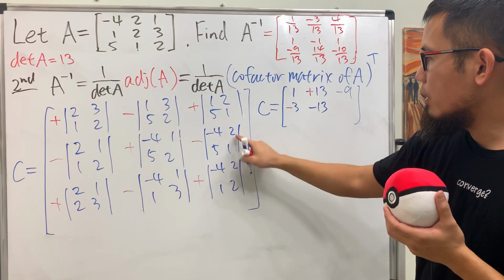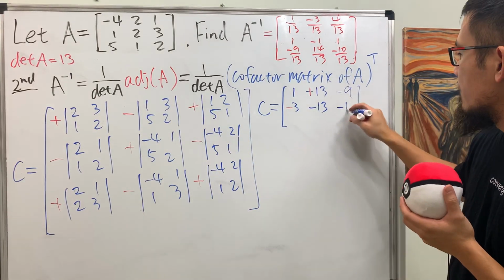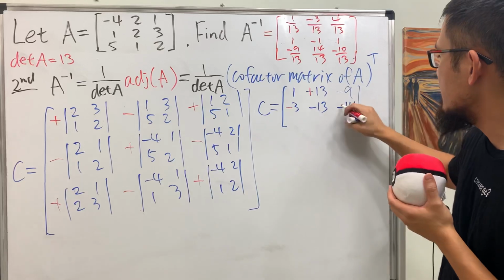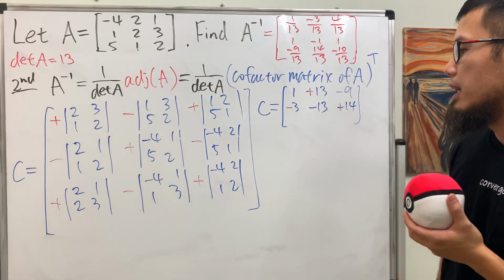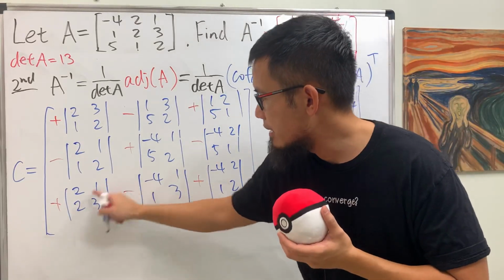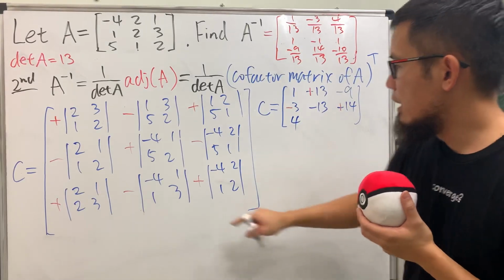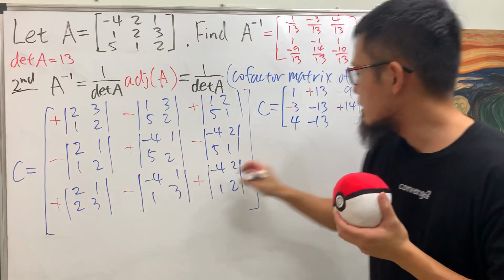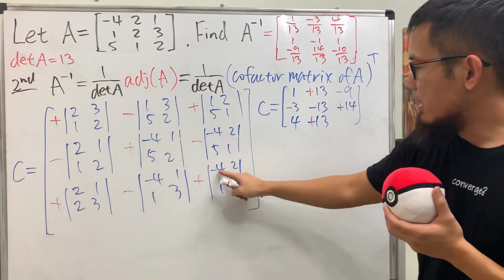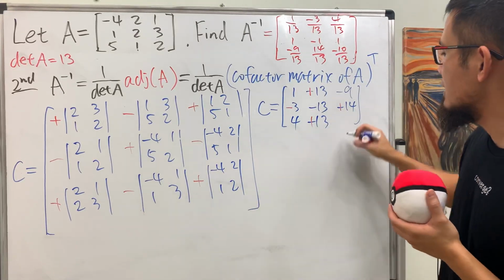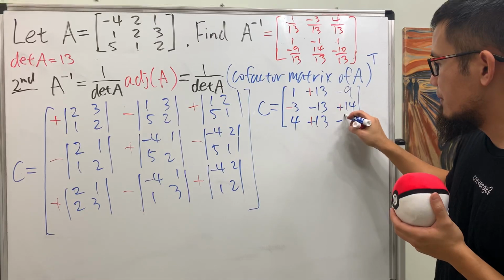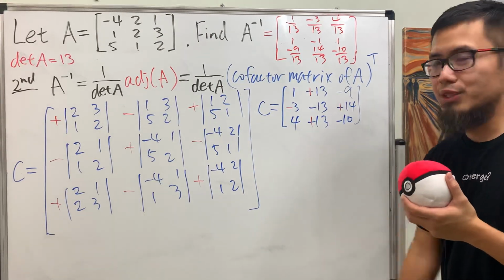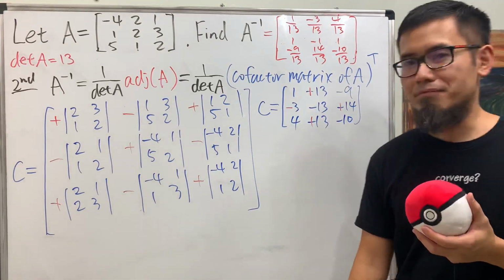This is negative 4, minus 10 is negative 14, but you have the negative, so that turns out to be a positive. And then 6 minus 2 is 4, negative 12 minus 1 is negative 13, but again, negative becomes positive. Negative 8 minus 2 is negative 10. Yeah, just like that. And you think we are done?